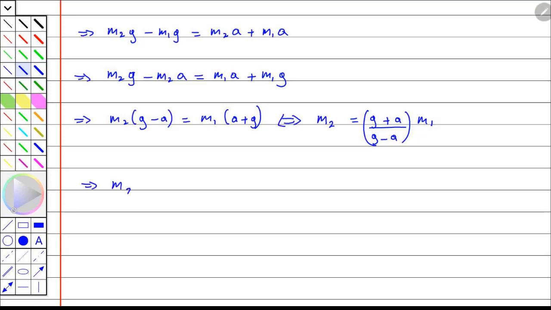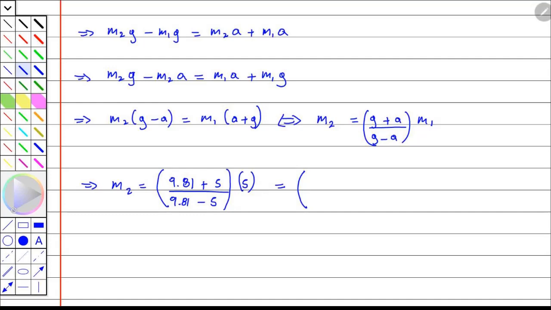So M2 is equal to, we take G as 9.81 plus 5 meters per second squared, which is the given acceleration. Then we divide by 9.81 minus 5 in this case, and M1 is 5 kilograms. Now, some teachers require their pupils to substitute not only the numerical data, but also their measurement units.